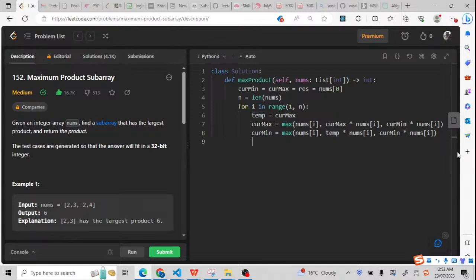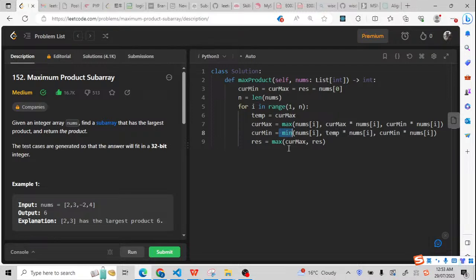After that, I need to get my result. So my result would be the max of the current maximum with my result. I don't need to check the minimum, because here is minimum, not maximum. I want to get maybe a minimum value, a negative value.